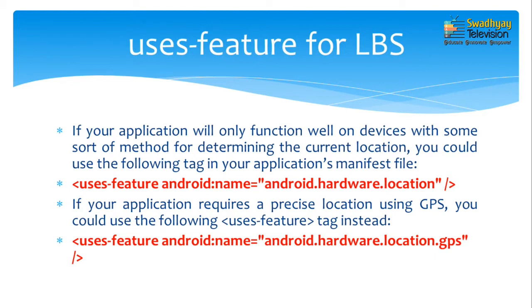But if your application requires precise location using the global positioning system, then you have to write the last line of code in your manifest file, which is a uses-feature tag with attribute android:name, and the value for this attribute is android.hardware.location.gps.